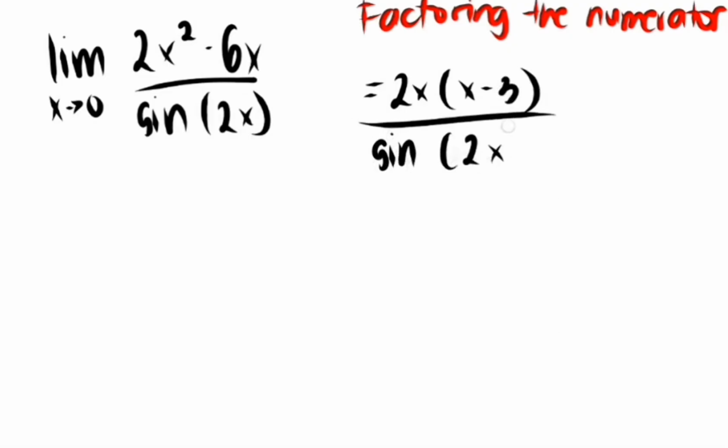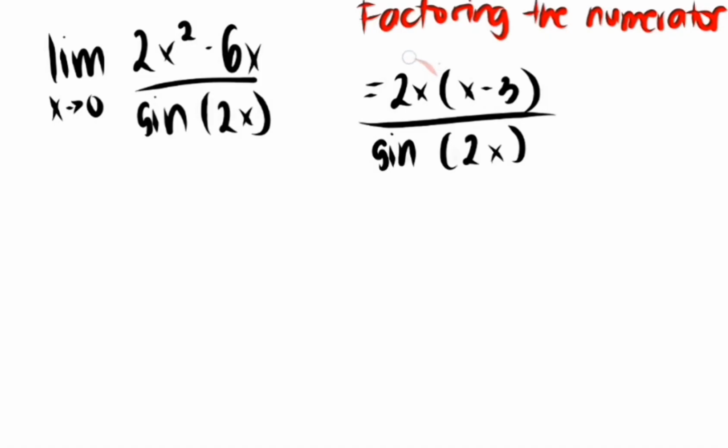By factoring our numerator, the solution becomes easier because it reveals the term 2x, which we will later match with sine 2x, allowing us to apply a trigonometric limit formula. Now that we factored it out, our next step is to separate the expression.